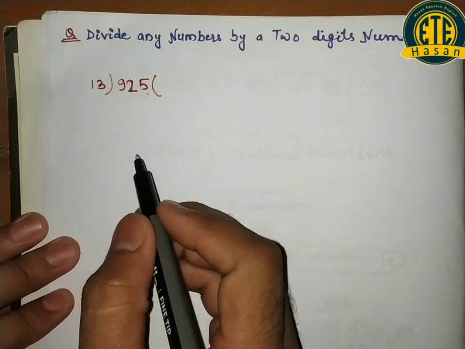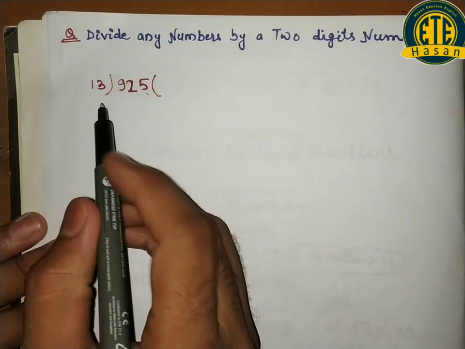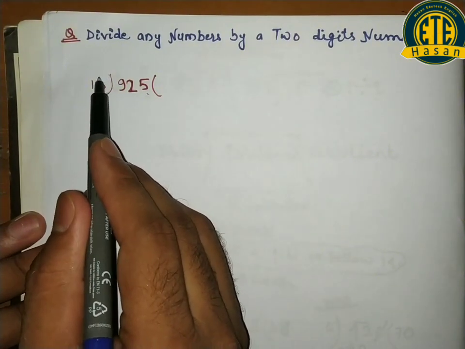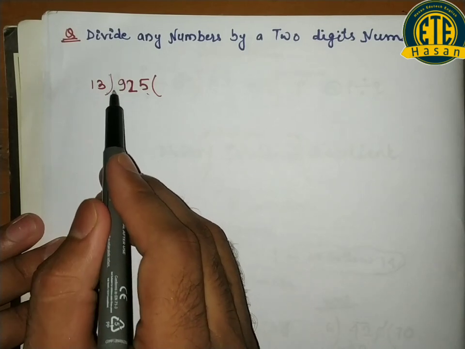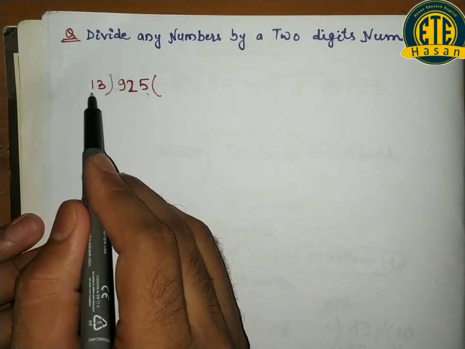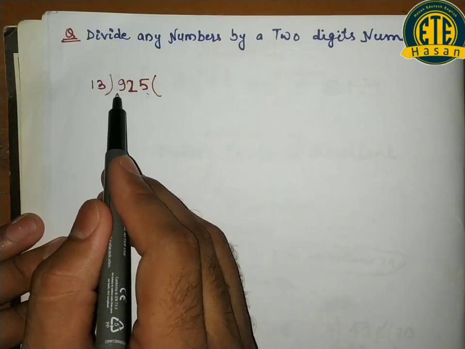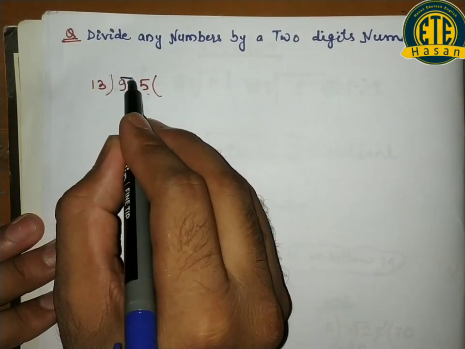In the previous lecture we dealt with single-digit division. There we learned that if the divisor is a single-digit number, we first take a single digit here. Now the divisor is a two-digit number, so I will first take a two-digit number here. So I will take 92 first.